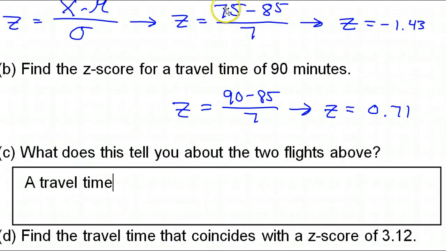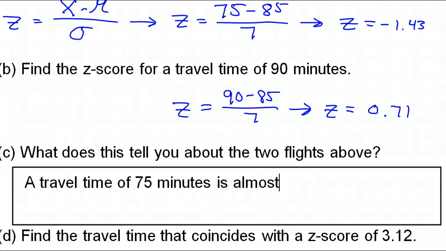Looking at the first one with 75 minutes, it's telling me that a travel time of 75 minutes is almost 1.5 standard deviations below the mean.